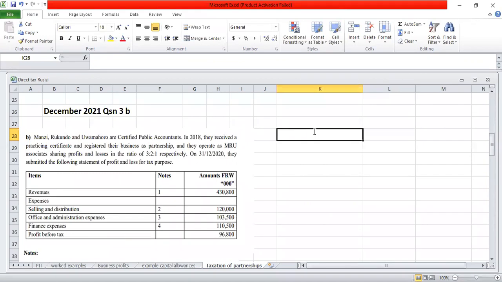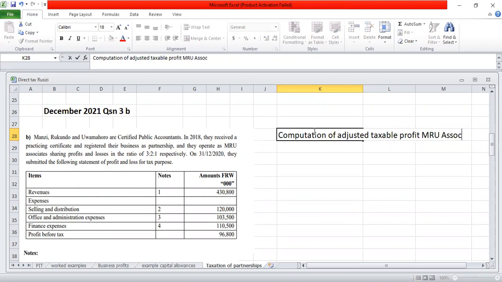so computation of adjusted taxable profit of MRIU associates.